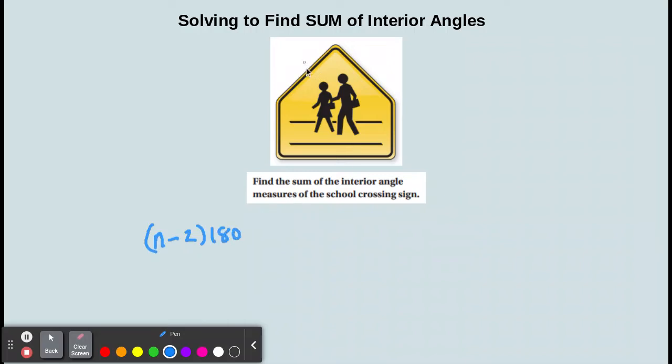Well, in this case, we have 3, 4, and 5 sides. So 5 minus 2 equals 3. Therefore, we do 3 times 180, which then equals 540. So all the angles within this 5-sided figure should add up to be 540 degrees.